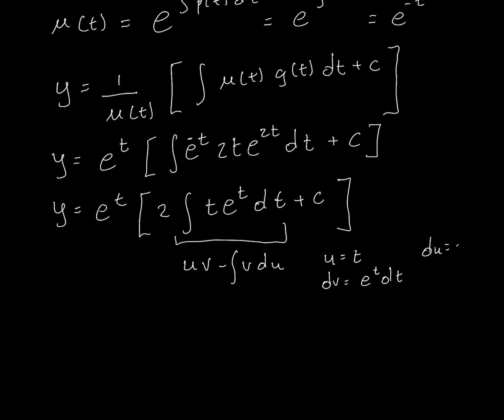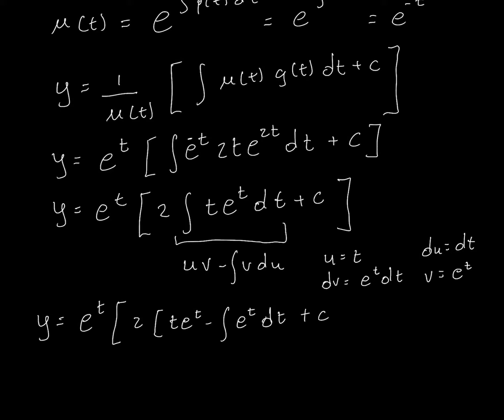Then du is just dt and v is e to the t. Using that, we keep solving this, and we'll have 2 times uv, so u is t and v is e to the t: t e to the t minus the integral of v, which is e to the t, du, which is dt, plus c.